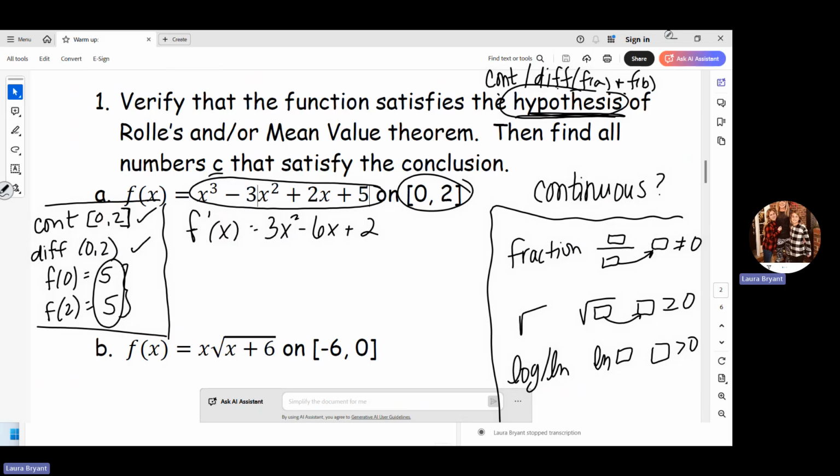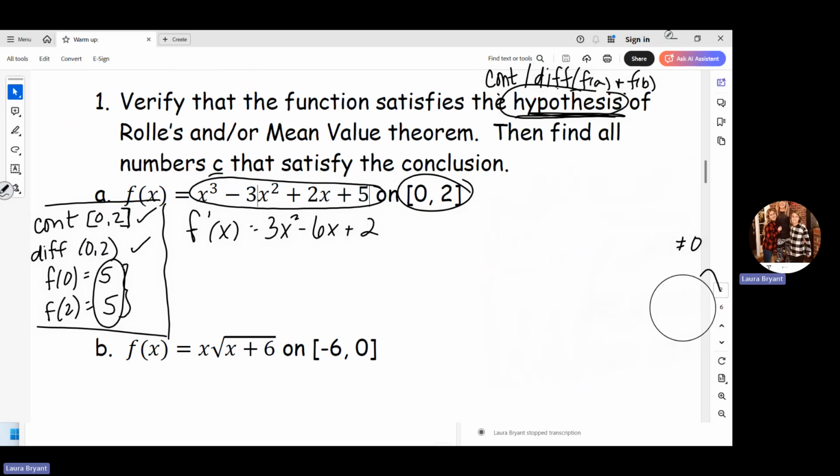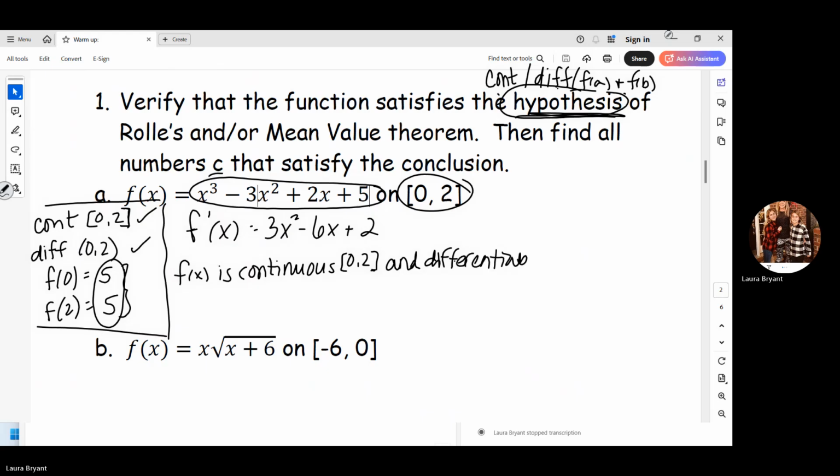Okay, so I write the sentence for Rolle's theorem, which you've got there on the left. You've got to write your sentence. It doesn't have to be exactly the same, but it does have to have the same meaning. So my sentence is going to be something like this: f of x is continuous on the closed interval 0 to 2, and differentiable on the open interval 0 to 2, and f of 0 equals f of 2.